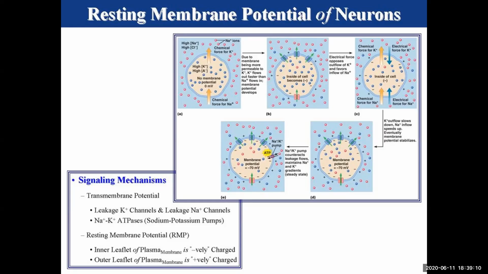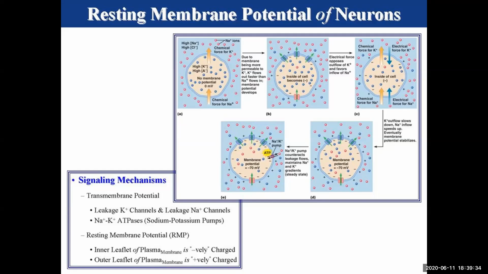All cells are neutral, meaning if you step away from the cell membrane in the cytosol or the extracellular milieu environment, it's neutral. Every positive charge is interacting with a negative charge. So we have neutrality, right? But only at the membrane.